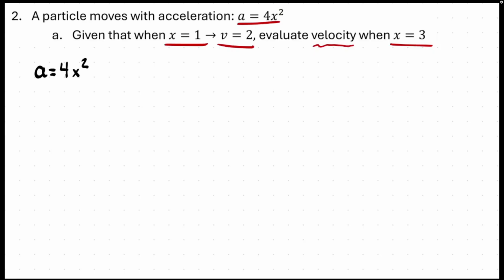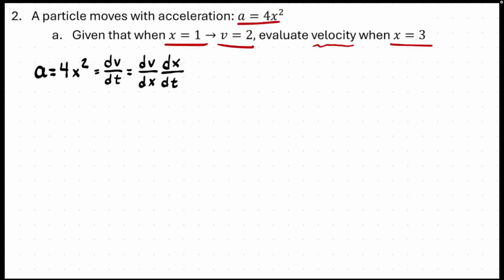So what can we do first? We can analyze that acceleration, right? We remember it's just the time derivative of velocity. So let's write that down. This is equal to the time derivative of velocity. And then we can expand this like we did before. This is the chain rule step. So we know that dv/dx times dx/dt is the same as dv/dt.